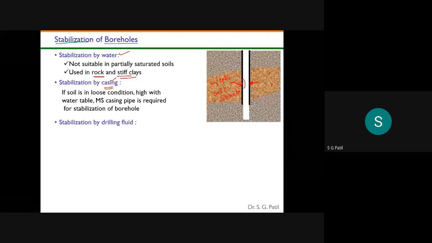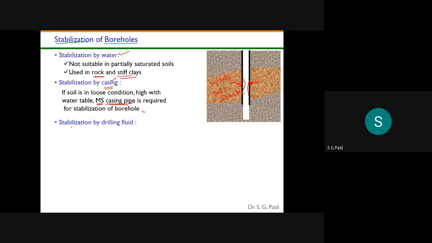To avoid this collapse, what will you use? If the soil is in loose condition and the water table is high, you will use some mild steel casing pipe. A mild steel casing pipe is required for stabilization of the borehole. So this is the second way of stabilizing the borehole.